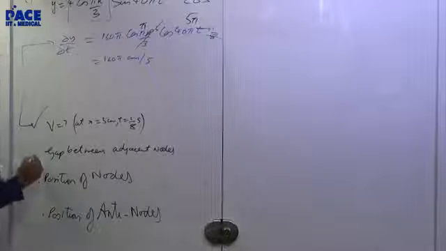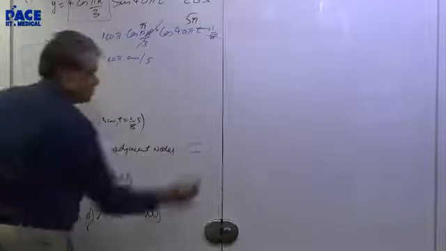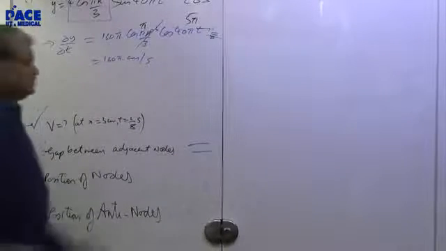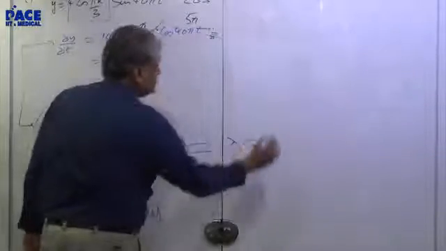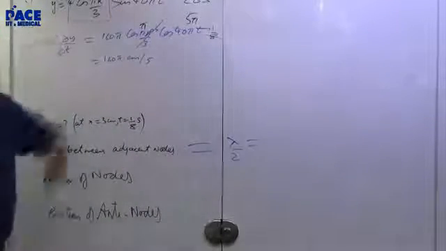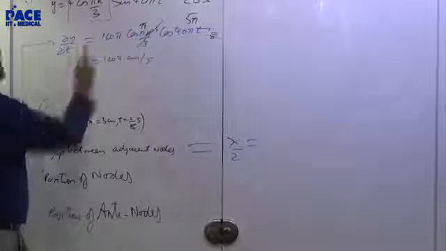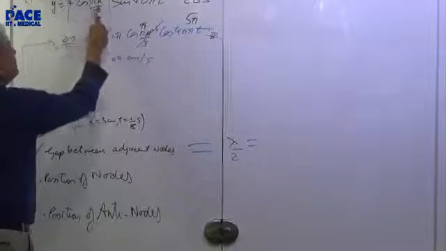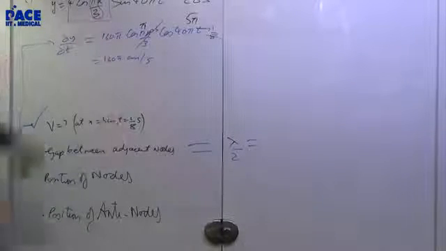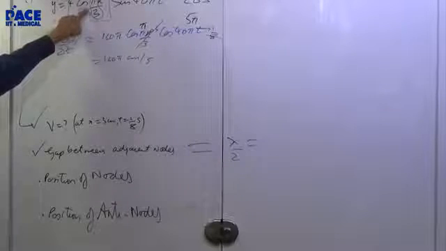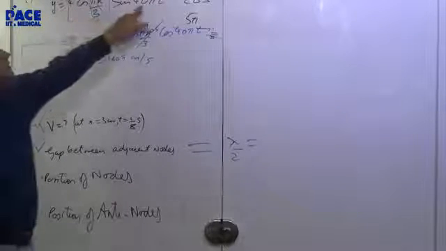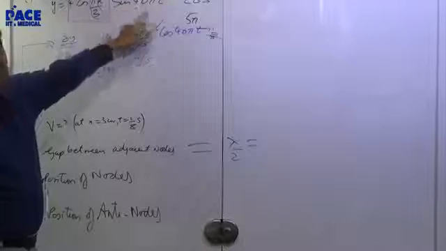What is the gap between adjacent nodes equal to? Lambda by 2. What do you notice in the equation? The coefficient of x, what is that? That's k, and this is omega.